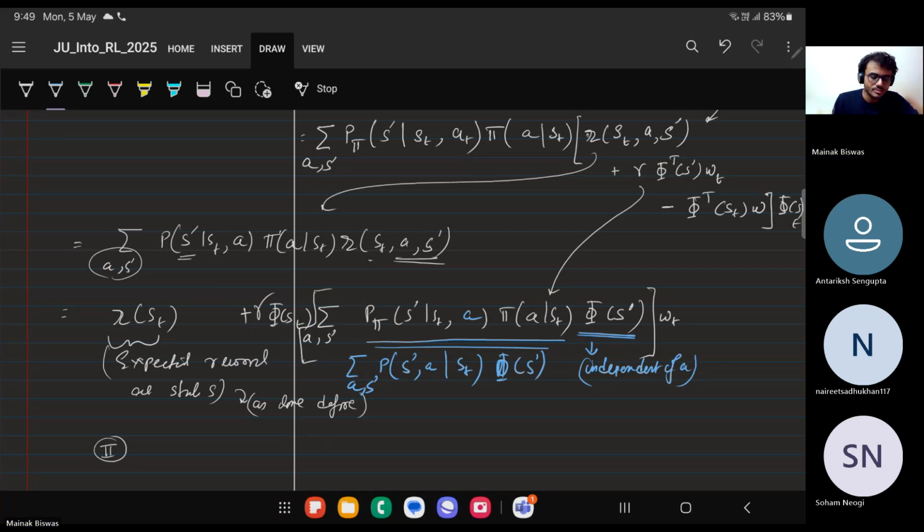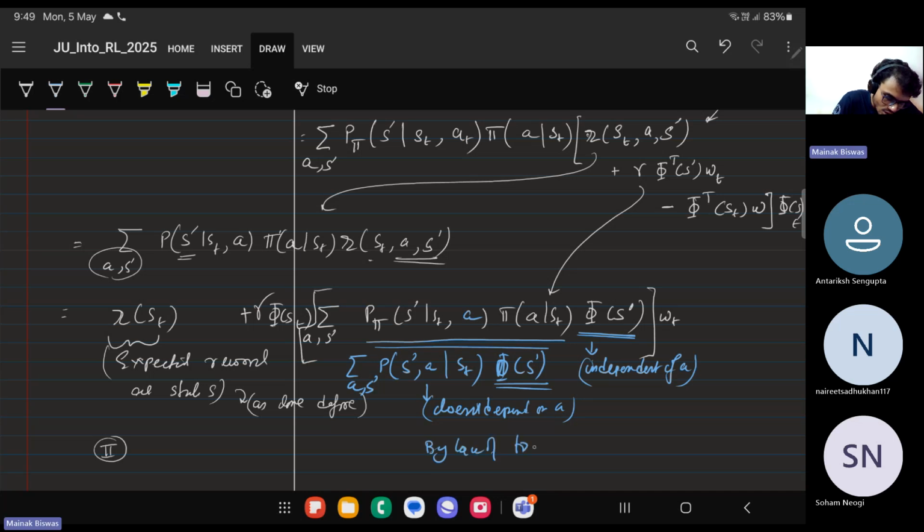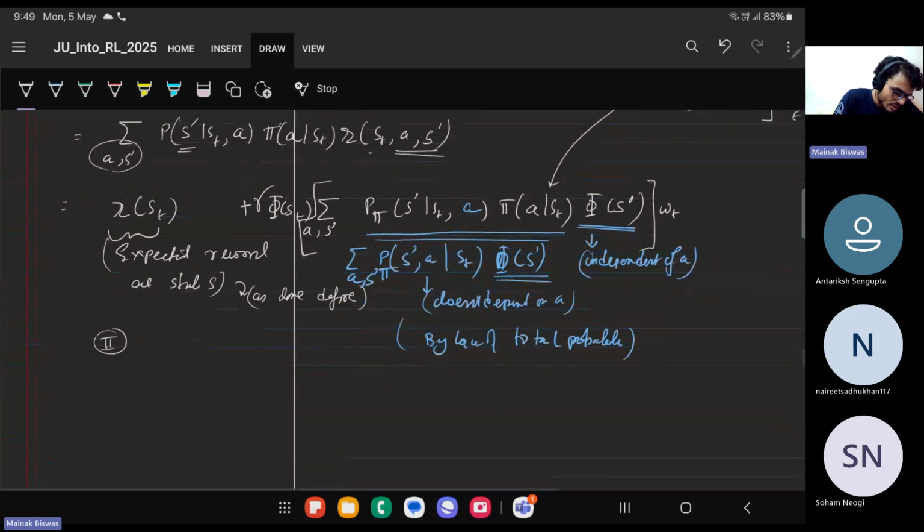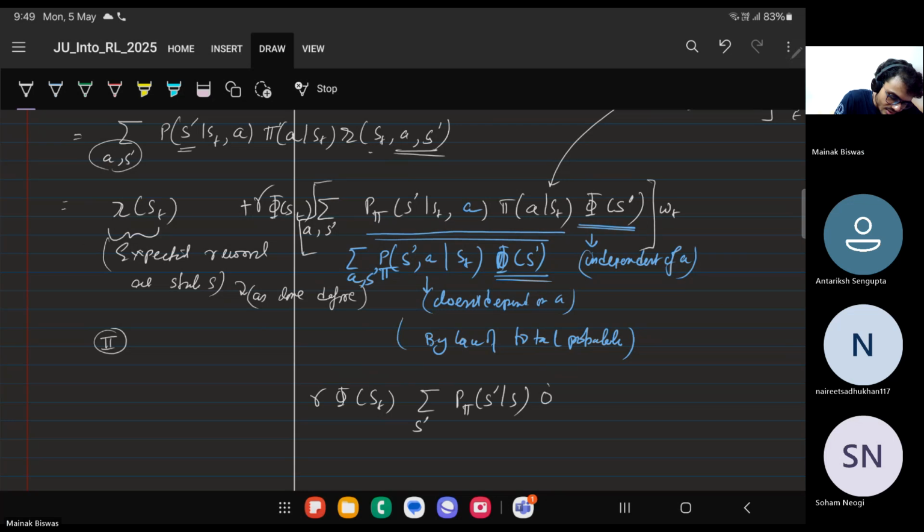See, this term does not depend on A. We can just sum over A and it will marginalize out by the law of total probability. As you were telling me, we have done this for the policy pi. So this is going to be just gamma times phi of ST, summation over S dash of P pi from state S to S dash, times phi of S dash into WT. Do you agree?